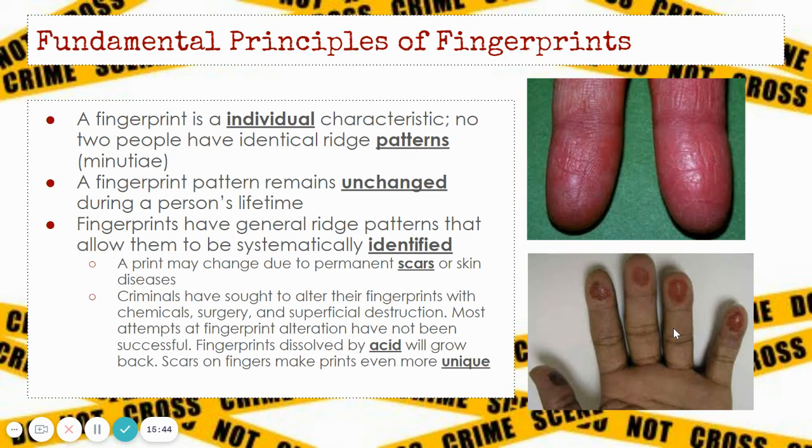Fingerprints dissolved by acid are going to eventually grow back. Scars on fingers make those prints even more unique. So while it may work for a very short period of time, once those wounds heal, the fingerprint becomes even more recognizable than it was before they attempted to get rid of their fingerprints, right? So not a great plan if you are a criminal.